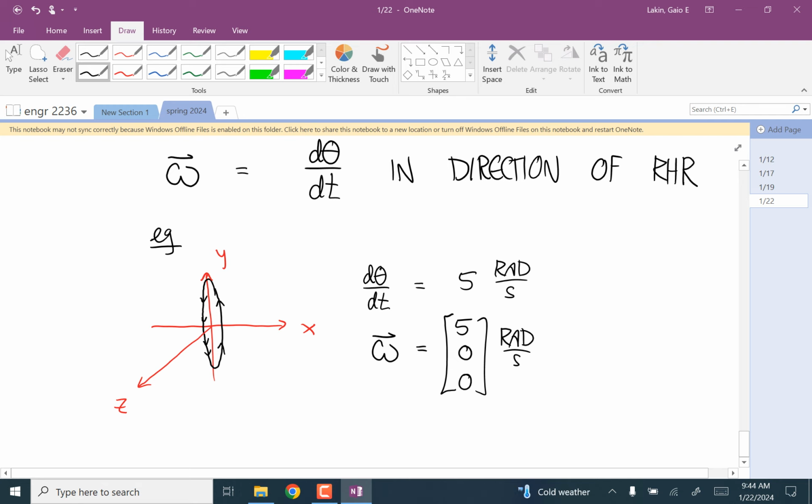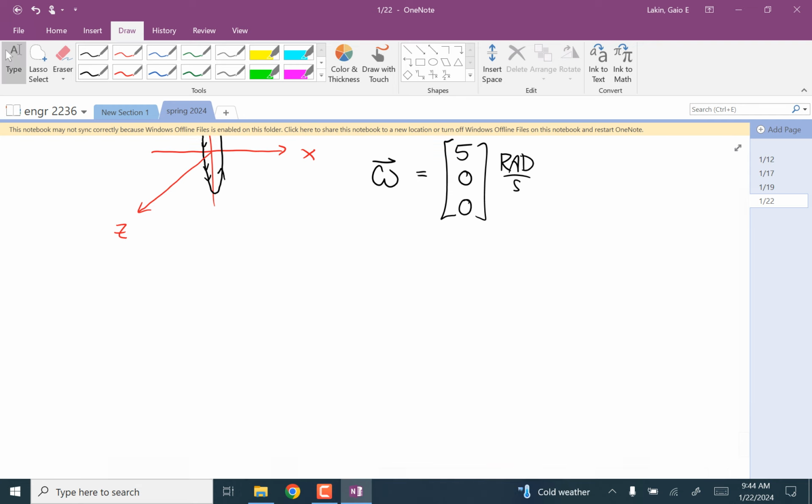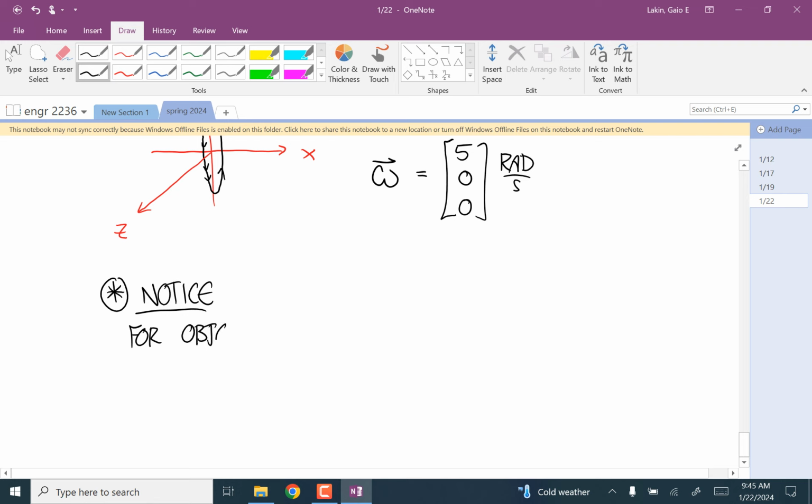One thing I want you to notice is for objects moving in the xy plane, what's the component that's non-zero?